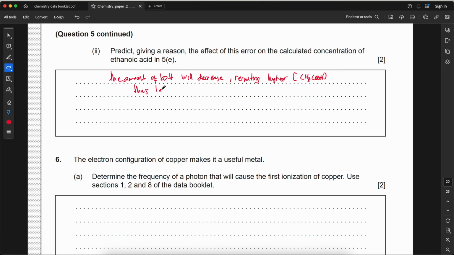Thus, a larger amount of KOH is needed to neutralize the acid, because the amount of KOH decreases as it reacts with carbon dioxide from the air.